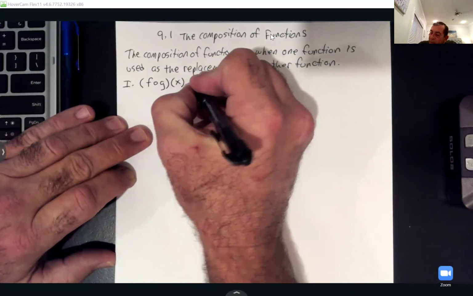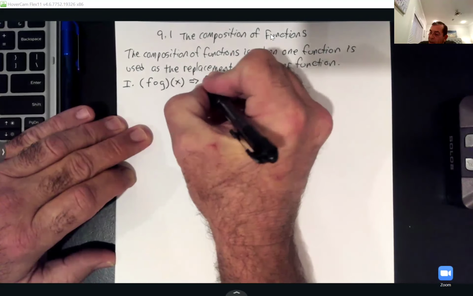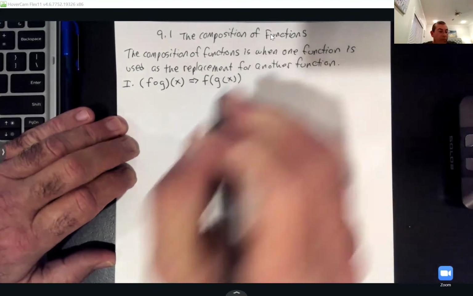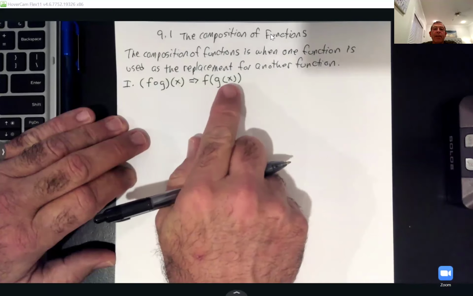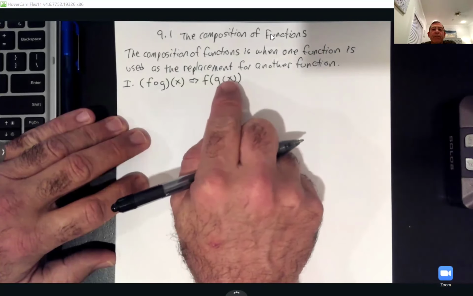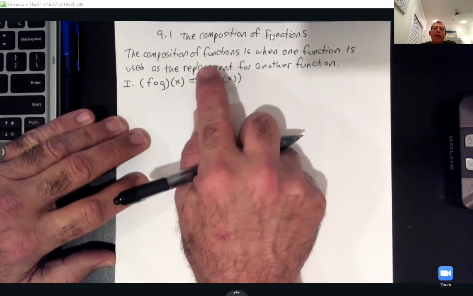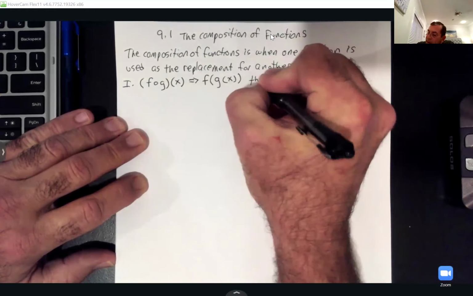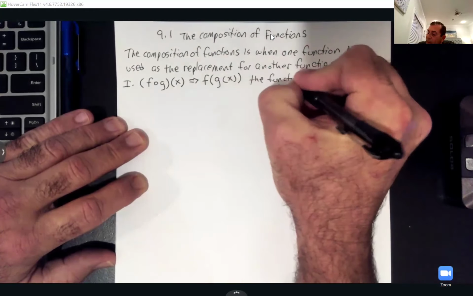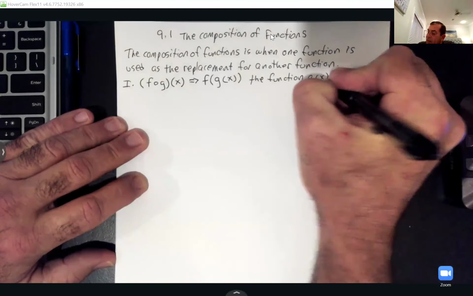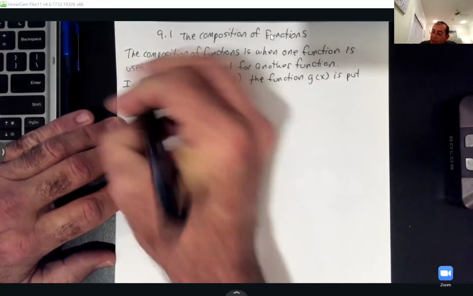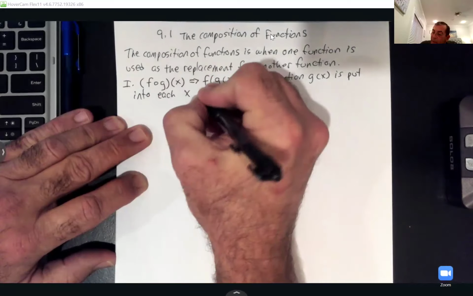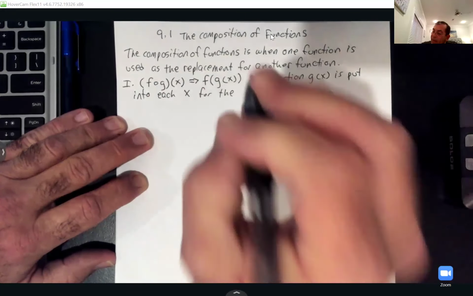But y'all, F compose G of X is really F of G of X. So when it looks like this, the function G of X is put into each of the X's for the F function. So the function G of X is put into each X for the F of X.